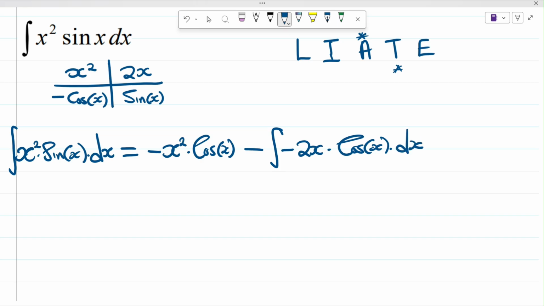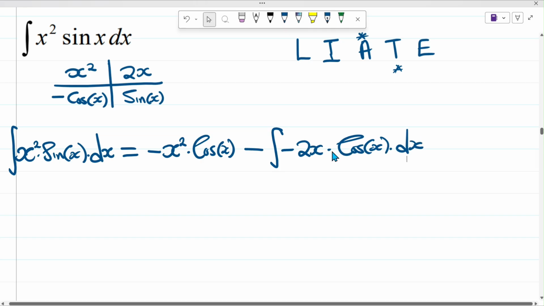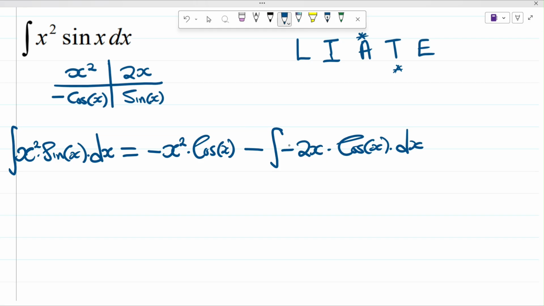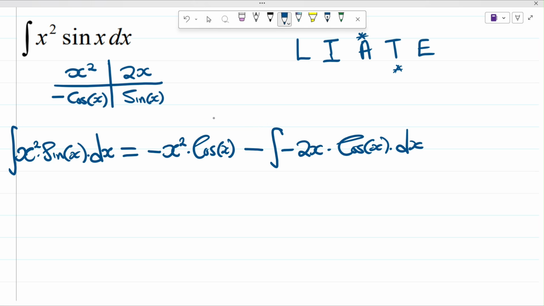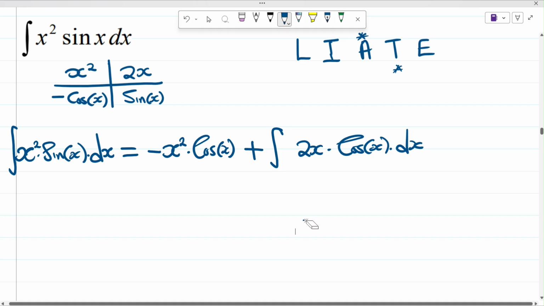So now that we're here, we realize that we've got another integration by parts. We integrate by parts again. I work better with positive sign, so I'm going to take this negative sign outside, so it becomes positive. Makes sense, right?